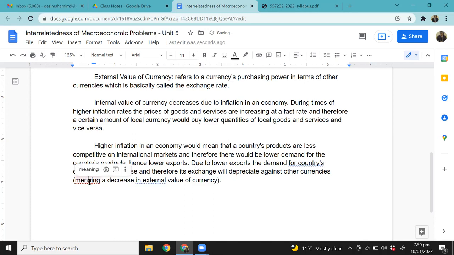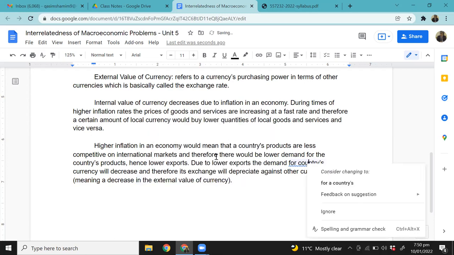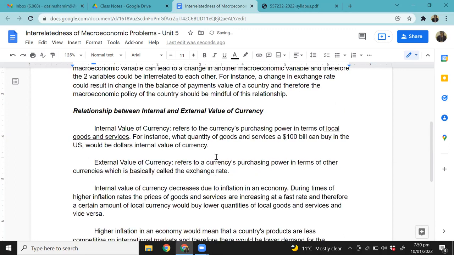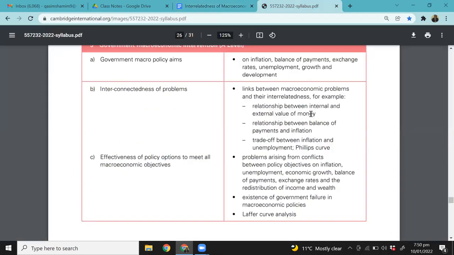Is it simple? Breathe. Okay, now let's do a quick recap, and then we are done with this. So we were talking about the relationship between the internal and external value of money, or as you can say, currency, right?